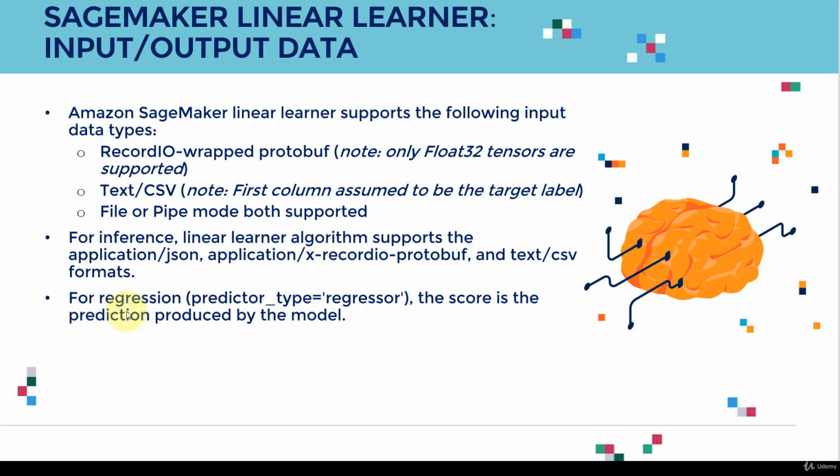And for regression, please make sure that you select the predictor type to be a regressor, because the algorithm can be used to perform binary classification and multi-class classification as well. The score is the prediction produced by the model. And I'm going to show you how to calculate the score and evaluate the Linear Learner model.